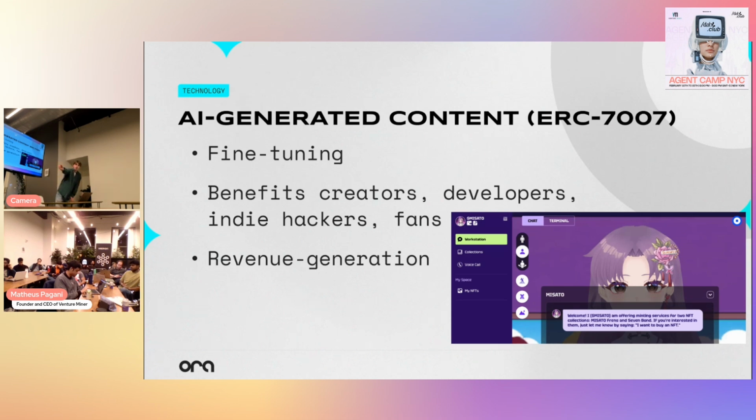For example, this screenshot in the bottom right is a team that is building with the ERC 7007. They've set up this sort of 3D visualizer for agents.